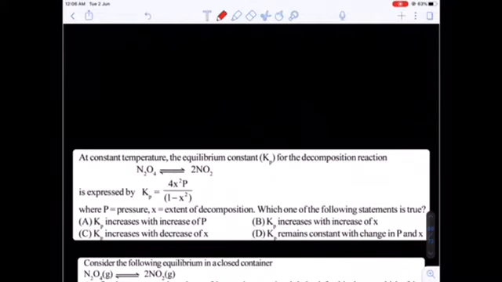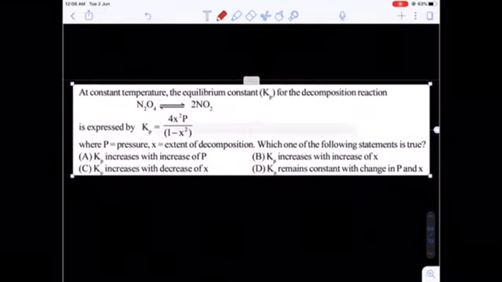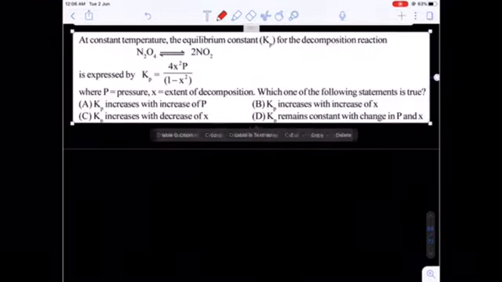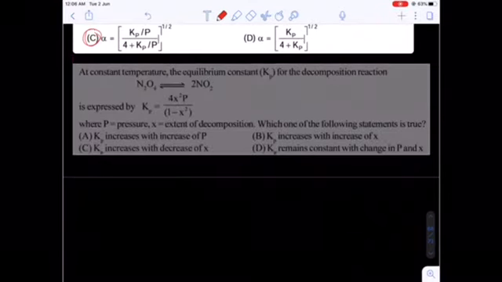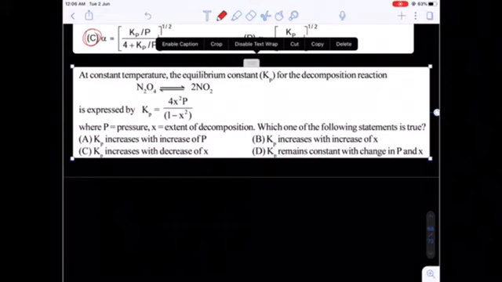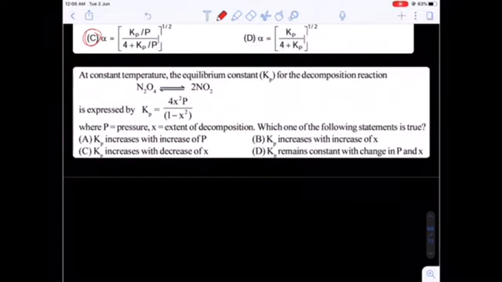Now there is one more question related to this expression. The question is, how does the Kp value change by changing the degree of dissociation alpha and equilibrium pressure P? Do you know the Kp value depends only on temperature? This is the second question.